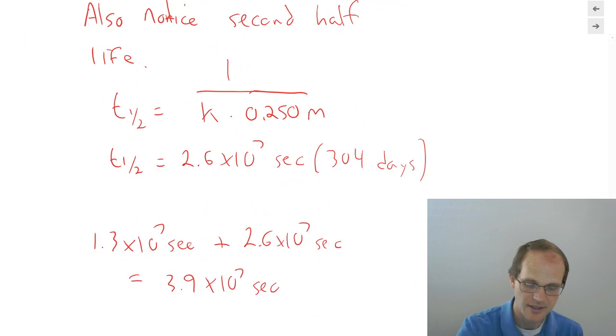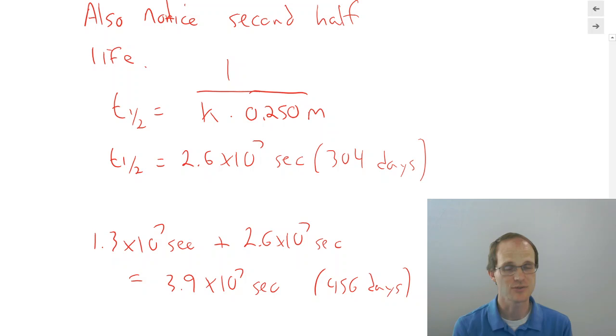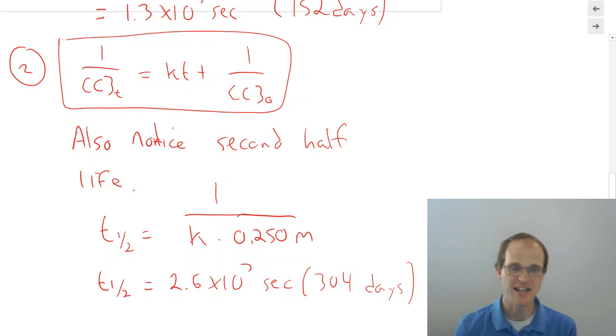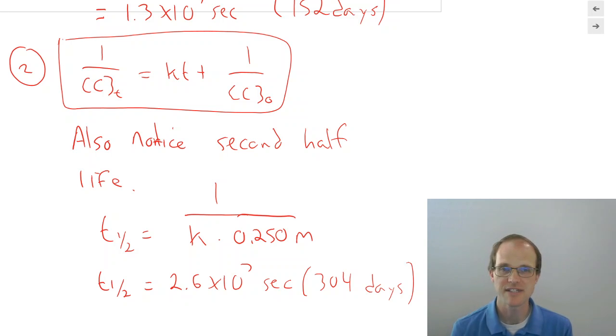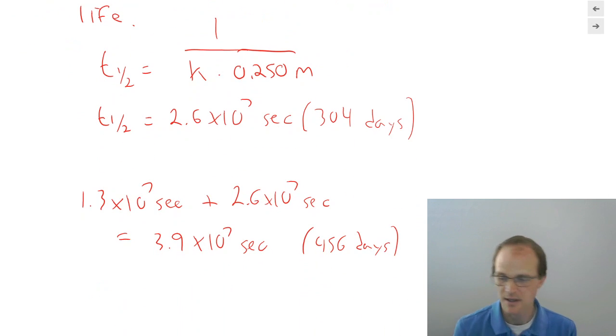All right, so 456 days to do 2 half-lives, not just 2 times 150. Most people, like I said, will just use the integrated rate law. I use this other one just to show you that it's possible to do, but hey, I want a concentration at a given time. I've got a K. Very simple, very easy to plug that in to the integrated rate law for the second order reaction.